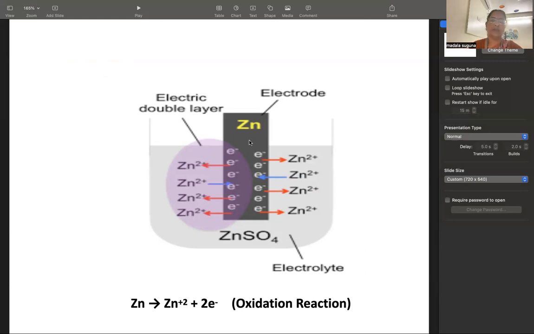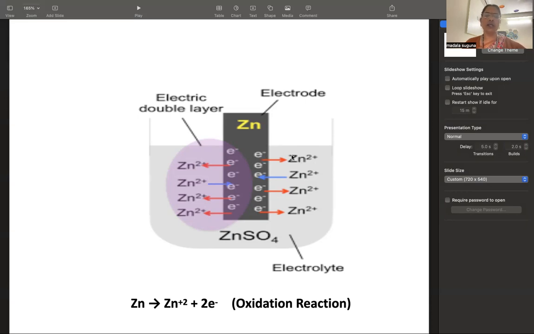Zinc metallic strip contains n number of zinc atoms. Each zinc atom loses 2 electrons and enters into the aqueous solution. These electrons are retained behind at the electrode. So the electrode, having an excess number of negatively charged electrons, attains negative charge.